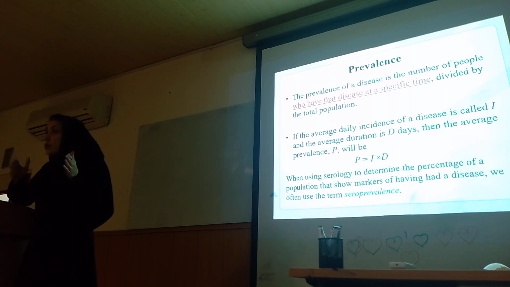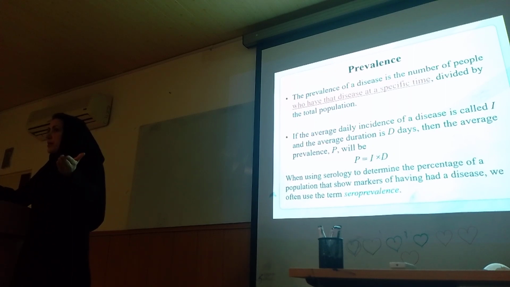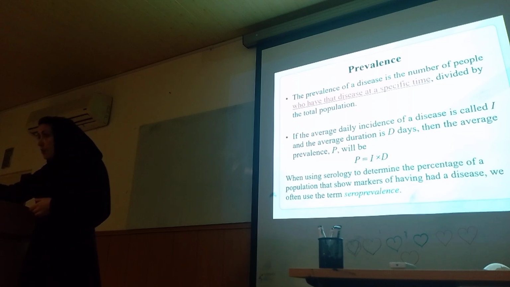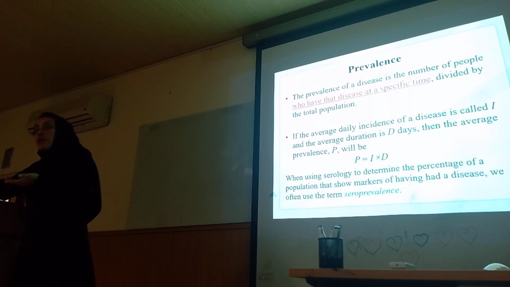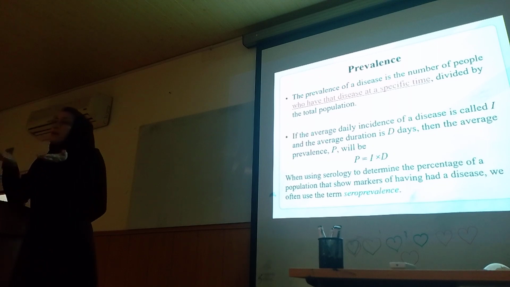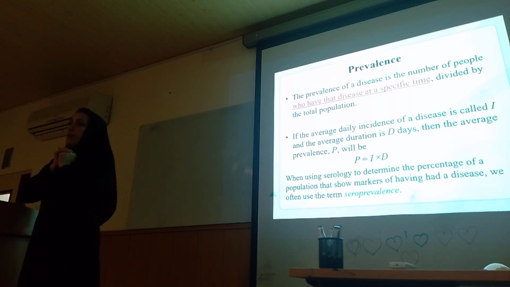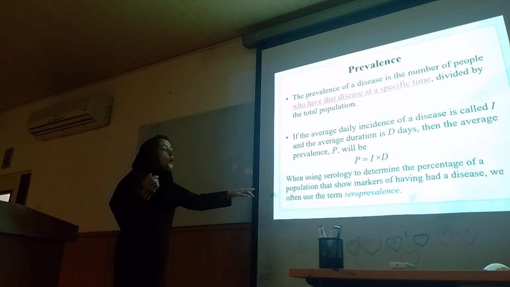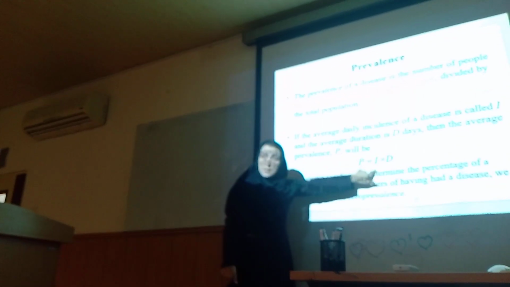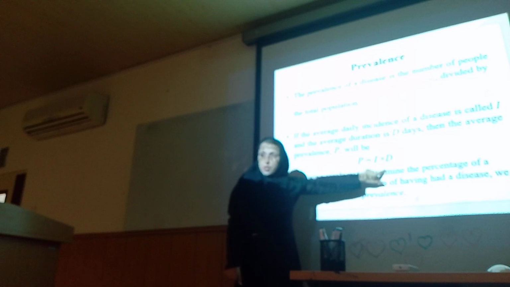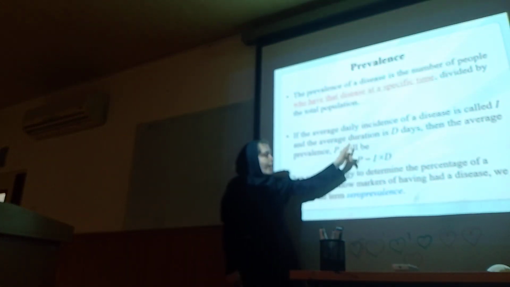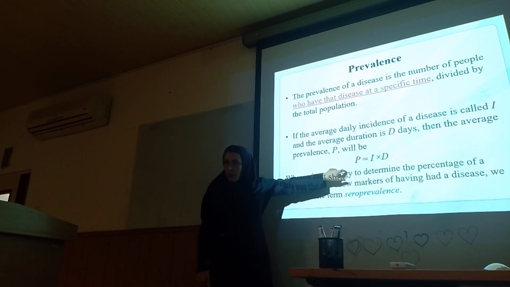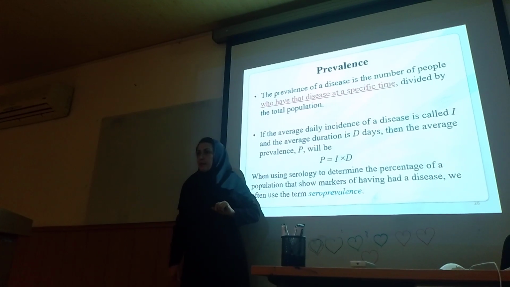Although the incidence rates were the same, in this community diabetic patients survived, and the total number of people with diabetes increased. So both incidence and duration have the same relation with prevalence.